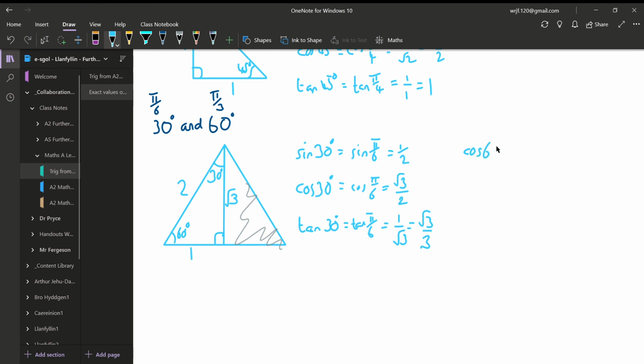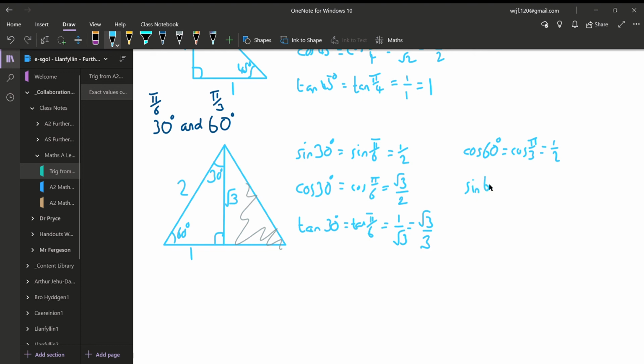If I think about the cos of 60 degrees, which of course is the same as the cos of pi over 3 radians. So now focusing my attention on the 60 degrees, for the cos I want adjacent over hypotenuse, 1 over 2. And that's why I wanted to put it there, because obviously it's the same as the sine of 30 degrees.